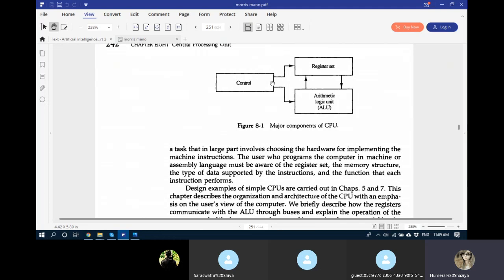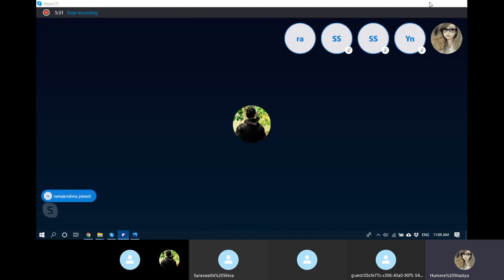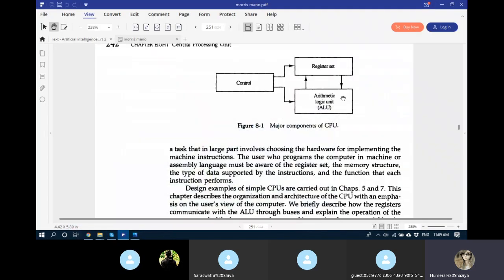CU initiates timing signals for registers and for ALU to perform micro operations, driven by timing signals generated by control unit.